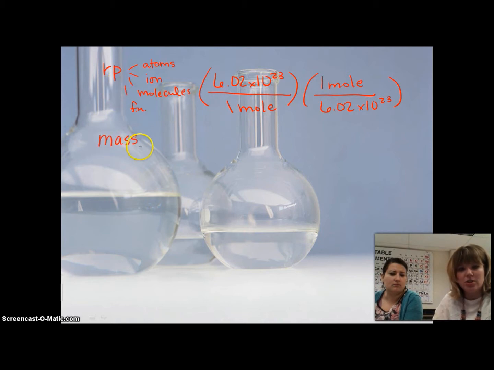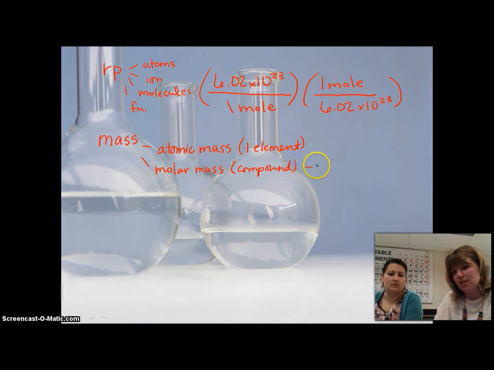And there's only two types of mass. There's atomic mass, and there is molar mass. Atomic mass is just for one element, and molar mass is for a compound.